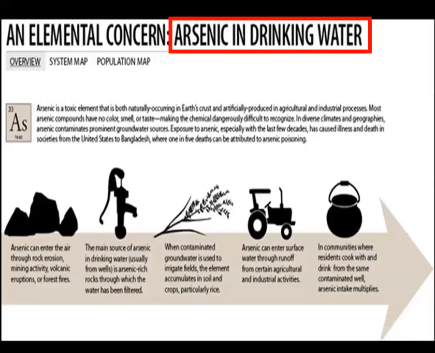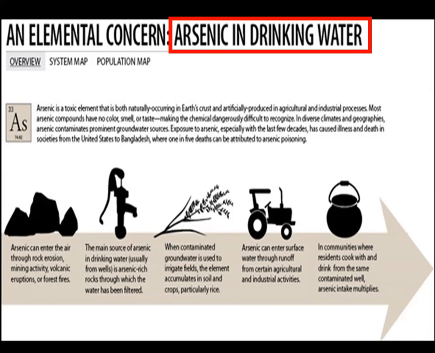Now, arsenic in drinking water. Arsenic is a toxic chemical, and it can really make us sick. It comes from rocks, and once the rocks are processed to get the minerals, it is released.